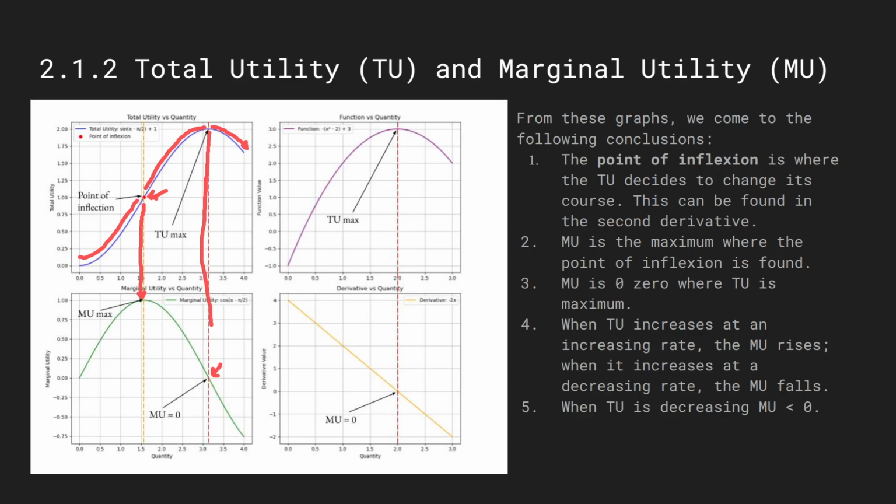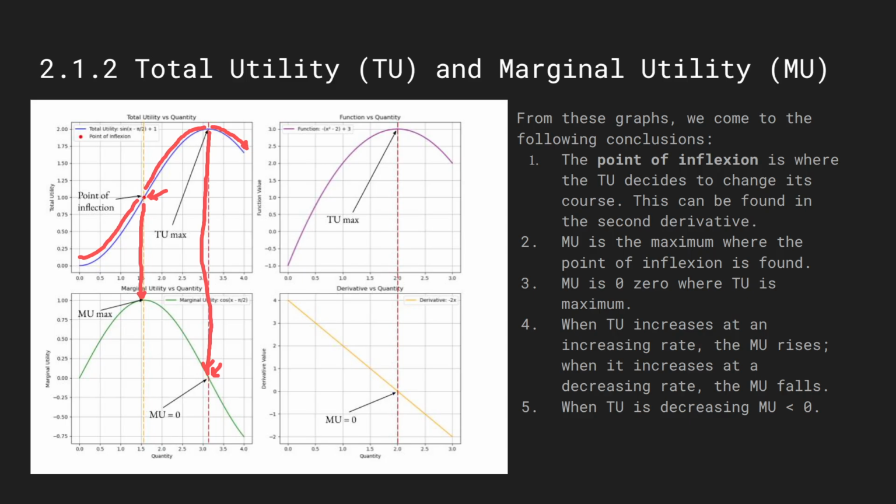It was what additional satisfaction can we gain from consuming one more unit of good and service. So we can see at TU max, if we consume one more unit of good, our marginal utility is decreasing at that point. So in the TU max region, the marginal utility becomes 0.